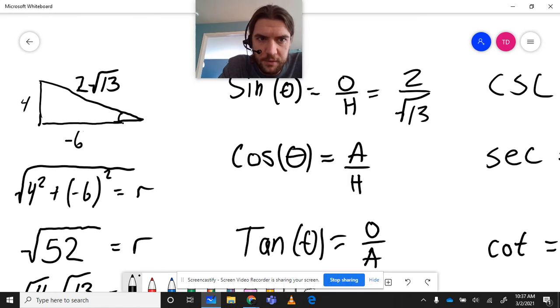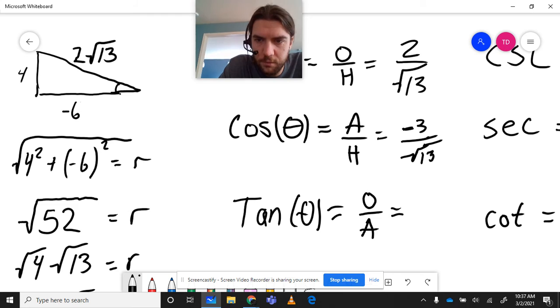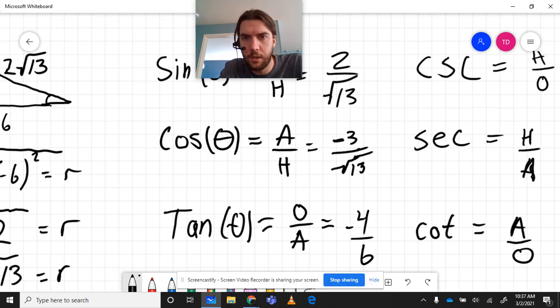Our adjacent is -6. So that will simplify down to -3 over root 13. Opposite over adjacent would be 4 over -6, or -4 over 6, either way.